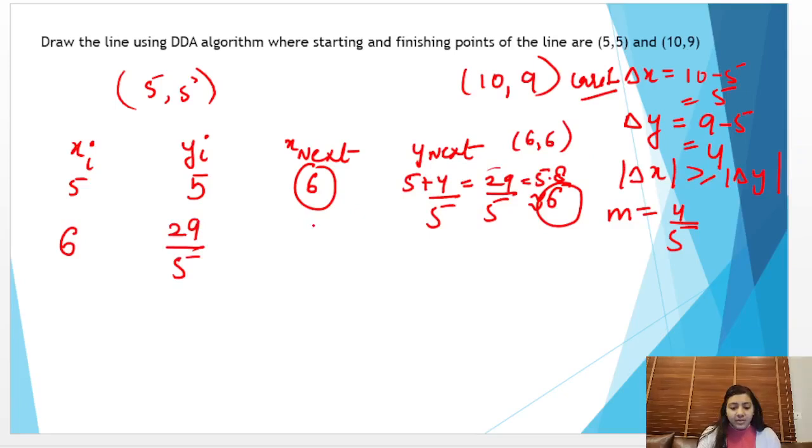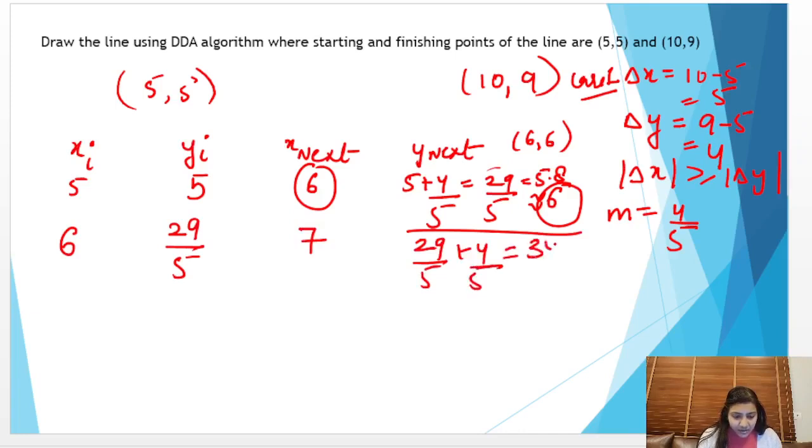Now increment the value of x by 1, this comes out to be 7. 29 by 5 में हम add कर देंगे 4 by 5 which comes out to be 33 by 5, nearly equal to 6.6 or 7. So the next pixel that we have got is 7, 7.